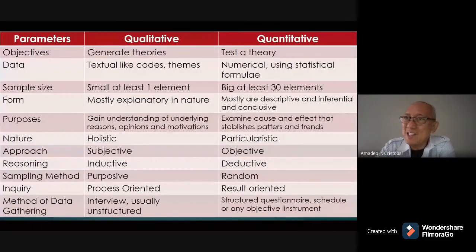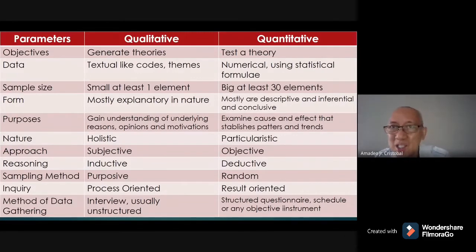You can use t-test, or other types of inferential statistics such as ANOVA, MANOVA, and so on and so forth. So that's the difference between the two. Qualitative by words, quantitative by numbers. In your results, if you are qualitative, you will be using only words. But when you do quantitative, you can use numbers. So in the presentation of the data, you can use figures or you can use tables.